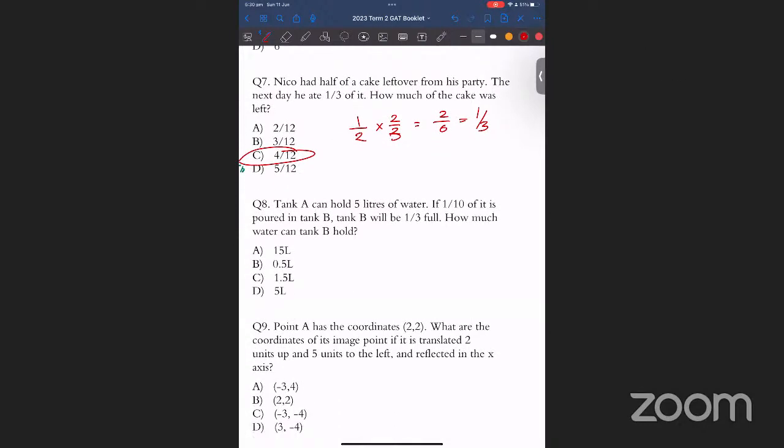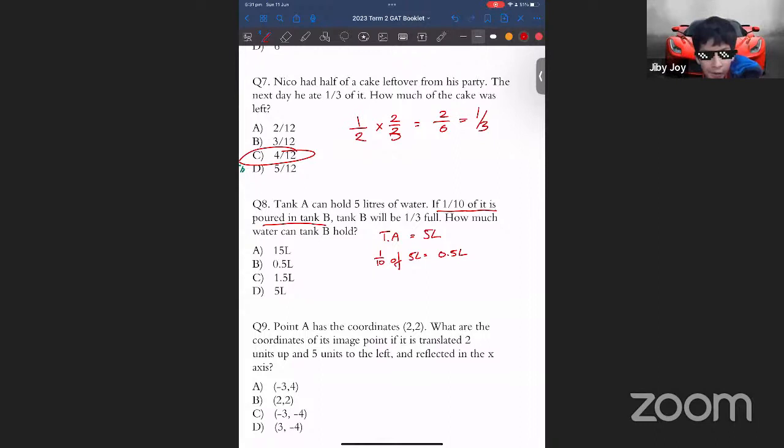So question number 8. Tank A can hold 5 liters of water. If 1/10 of it is poured into tank B, what's 1/10 of 5 liters? It is 0.5 liters. Do you guys understand? Isn't that 500 milliliters? That's right, yes.